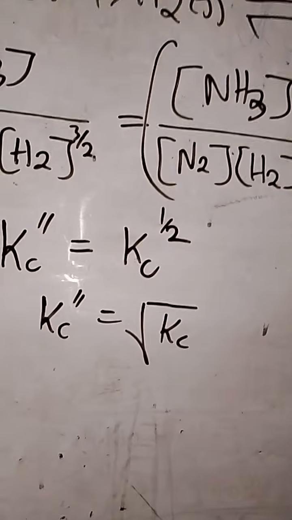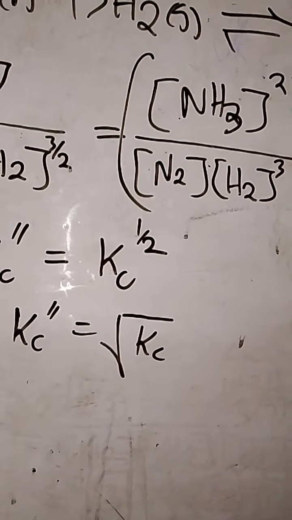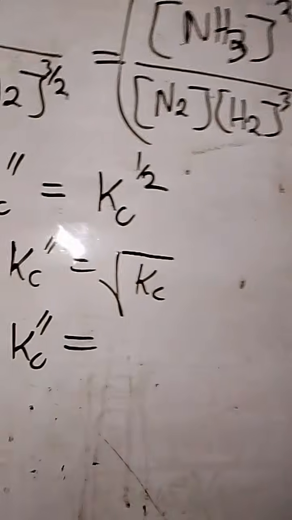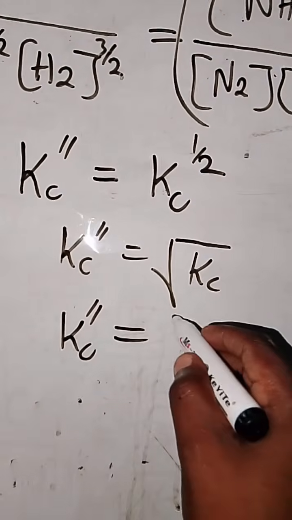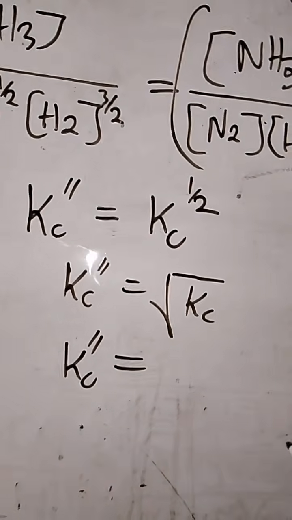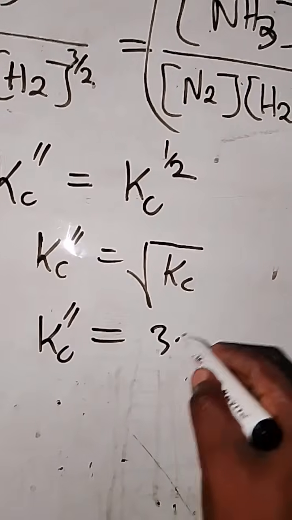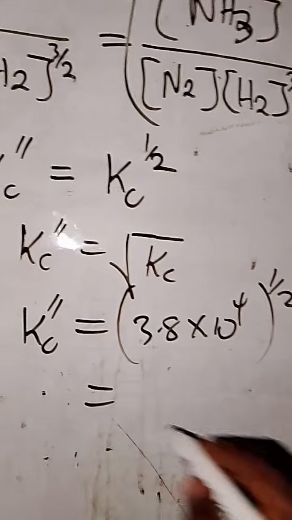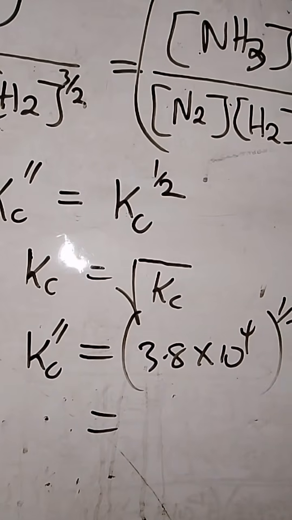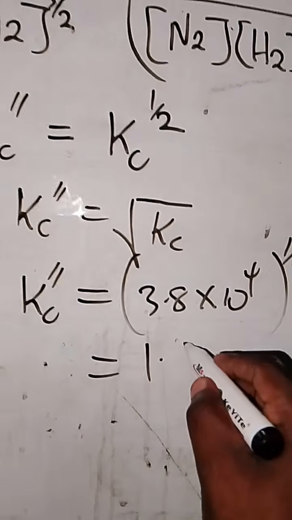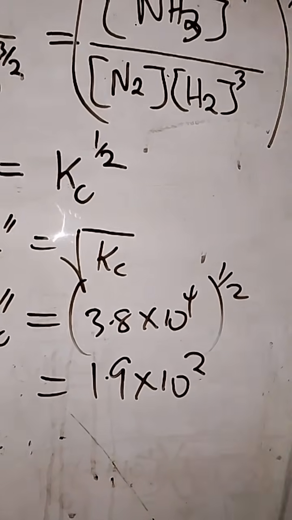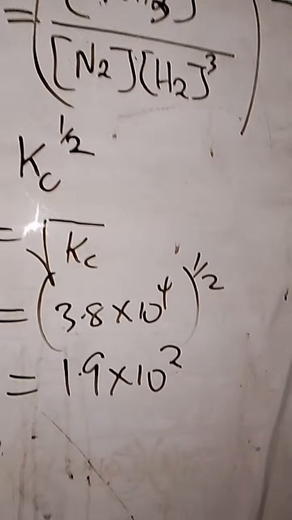Since we know Kc, Kc double prime is equal to the square root of Kc. So 3.8 times 10 to the power 4, to the power half, which will give us 1.9 times 10 to the power 2.